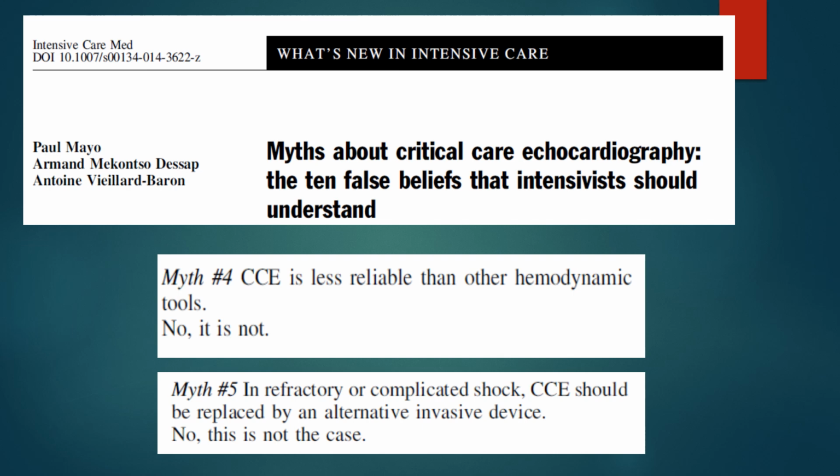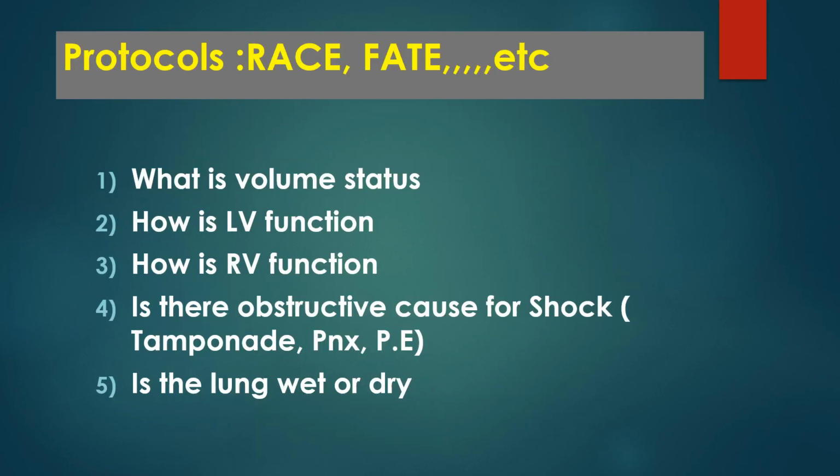Another myth, which everyone nowadays is recommending against, is that critical care echo is less reliable than other hemodynamic monitoring tools. This is totally wrong. Critical care echocardiography is equal, if not superior, to other hemodynamic monitoring.